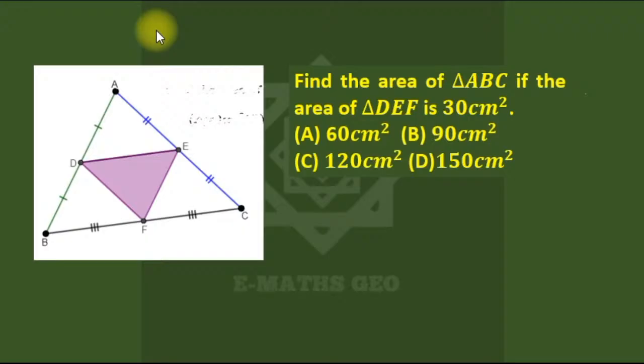It said find the area of triangle ABC if the area of triangle DEF is 30 cm squared. So we're going to see that for this to be the middle, if here is x, here is x, here is y, here is y.